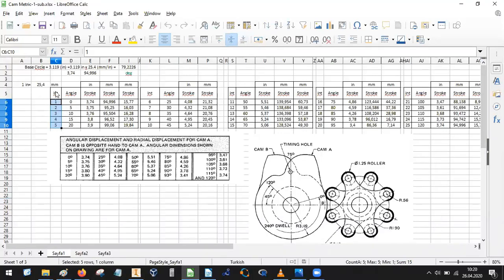We have the intervals here, and this interval starts at 0 degrees and ends at 5 degrees. I mean, the first interval is between 0 degrees and 5 degrees. The second interval starts at 5 degrees and ends at 10 degrees.